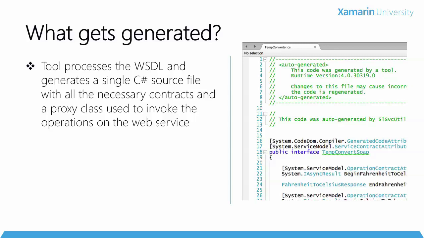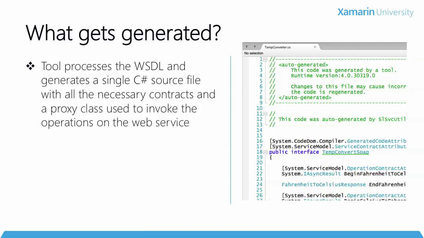Now the tool will generate a single C# source file with a set of classes to describe all of the data contracts from the WSDL and a proxy class with methods for each of the operations exposed on the service. The proxy will do all of the work of packaging up the request into an HTTP post call and returns the results, making the web service call look very much like any other method call.